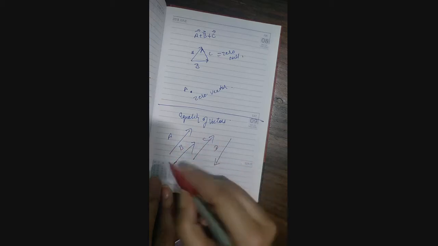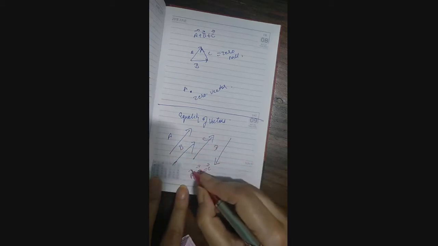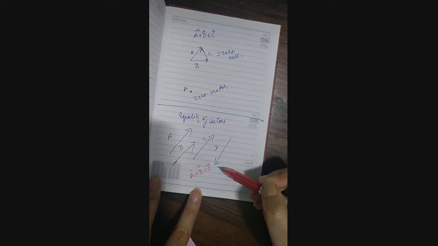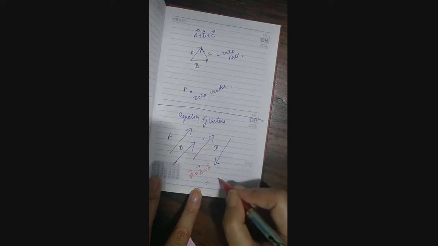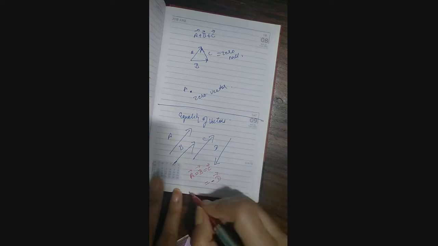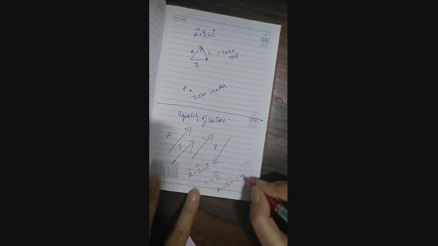So in this situation, A is equal to B is equal to C. These three vectors are the same. Whereas D is also the same in magnitude, but the direction is opposite. So we write a minus sign which represents the direction. So ultimately A is equal to B is equal to C is equal to minus D.